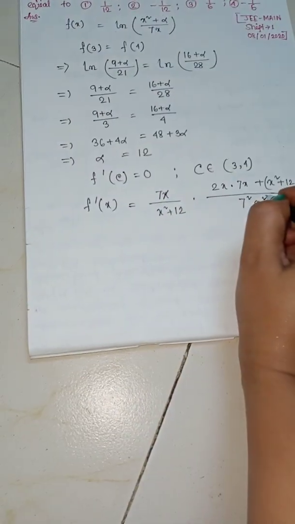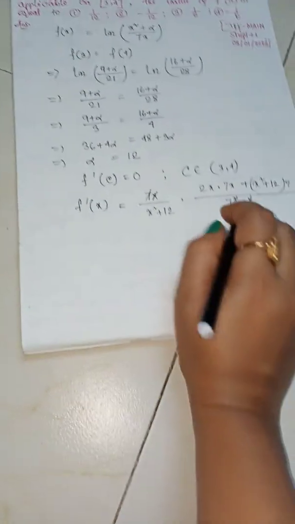Here x is cancelled off, and 7 is also cancelled off.